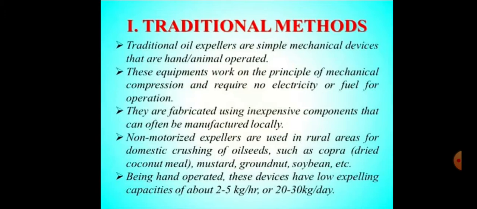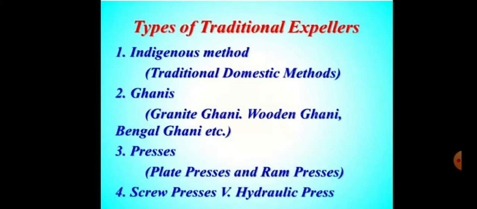So what are the different traditional expellers included in oil extraction? The first one is the indigenous method, also called the traditional domestic method. There are some presses: plate press and ram press, these two types of press are included.